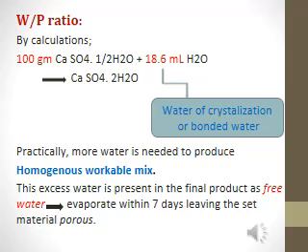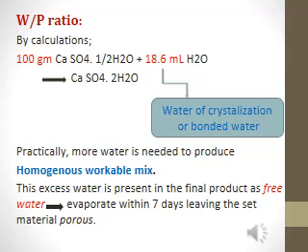It is not a slurry with sufficient flow so you can pour it easily inside the impression. So I have to add more water, more than the water of crystallization, in order to produce a homogeneous workable mix that can be poured easily inside the impression and flow to record all the details.